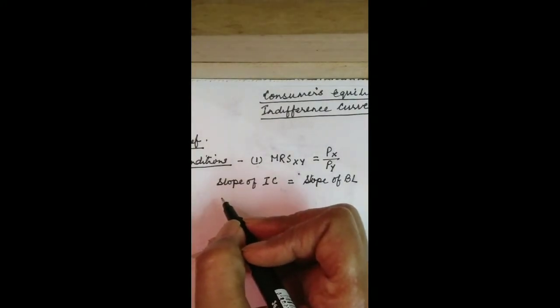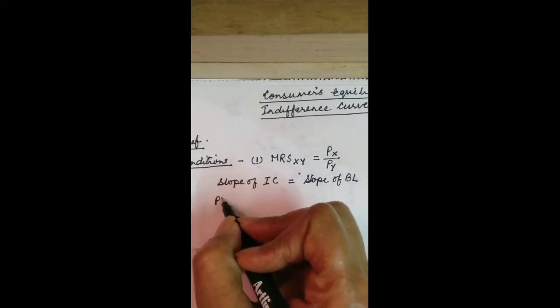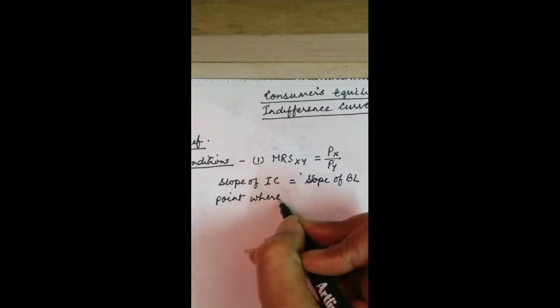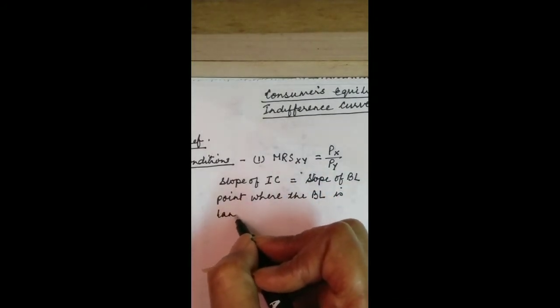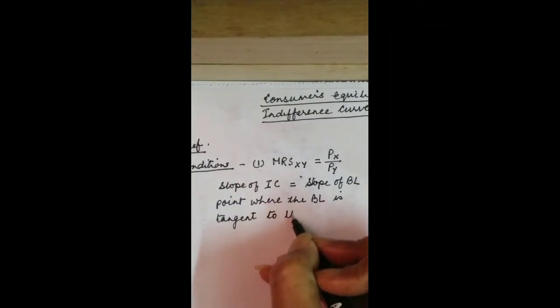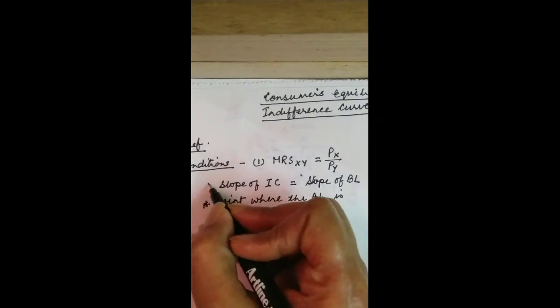In another way, this condition can also be written as it is a point where the budget line is tangent to the indifference curve, which means it is a point where the budget line is touching the indifference curve.